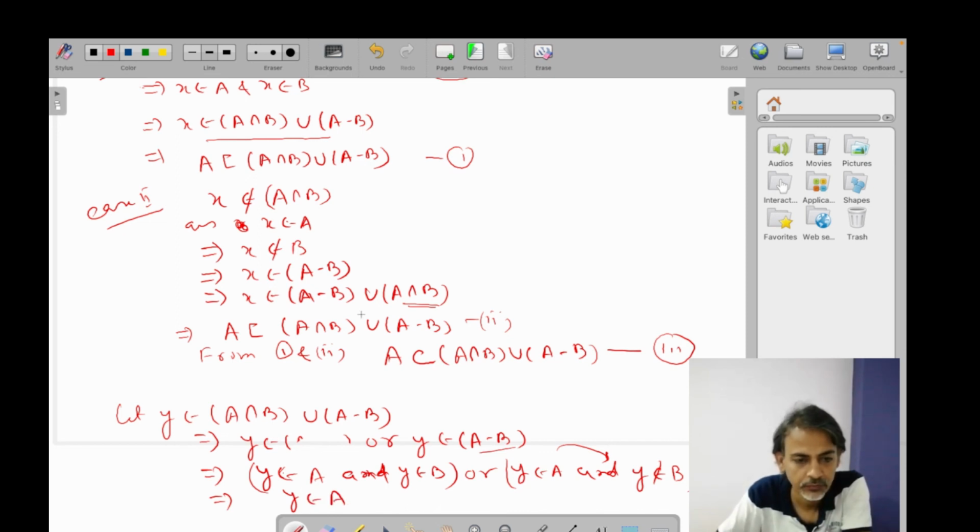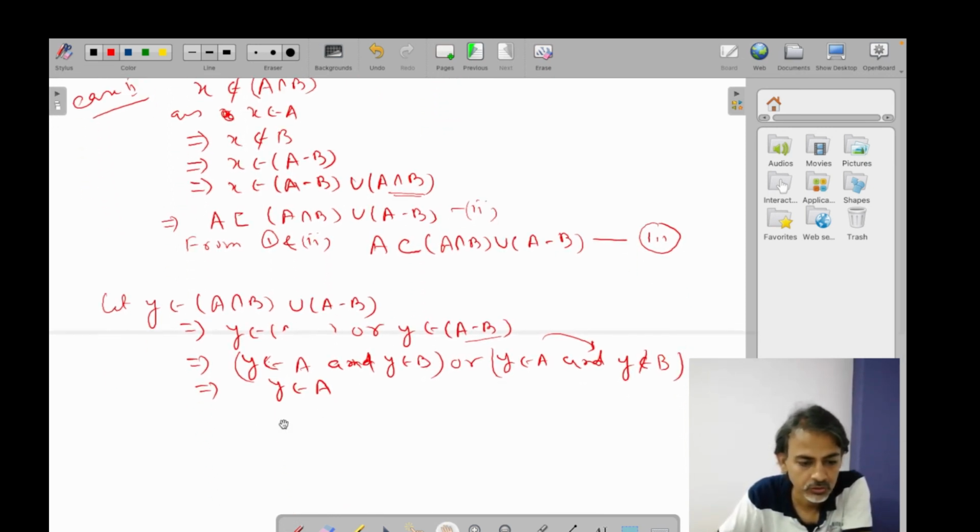This one we can be at least sure of, right? So this implies we can say that A intersection B union A minus B is a subset of A. So this is my equation 4.